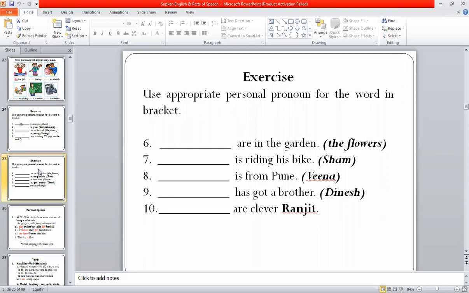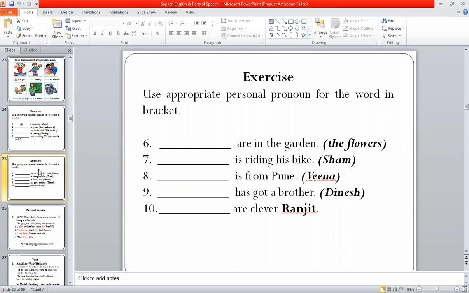Then the next is Sham is riding his bike. So he will be the pronoun which we use for Sham. Next is Veena is from Pune. She, correct. She is from Pune. Then the next is Dinesh has got a brother.